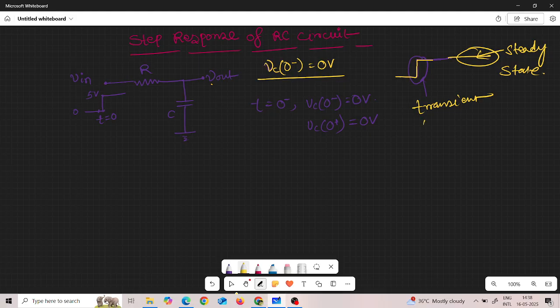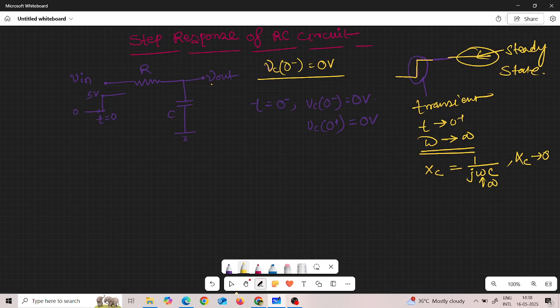So at t tends to 0 plus, we can say the input signal frequency is infinite, and we know the value of the capacitive reactance Xc is equal to 1 by j omega C. So as omega tends to infinity, the value of Xc tends to 0. So by using a voltage divider, you can say that for t is equal to 0 plus, the voltage of the capacitor is 0.